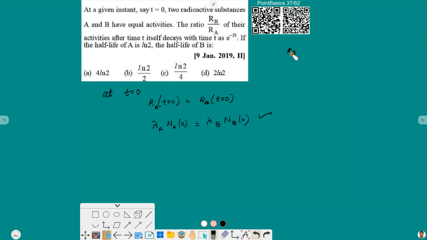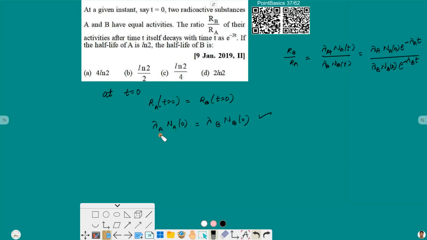That RB by RA will be equal to lambda A NA at time t divided by lambda B NB at time t. So that will be equal to lambda A and A node e raised to power minus lambda A t divided by lambda B and B node into e raised to power minus lambda B t.